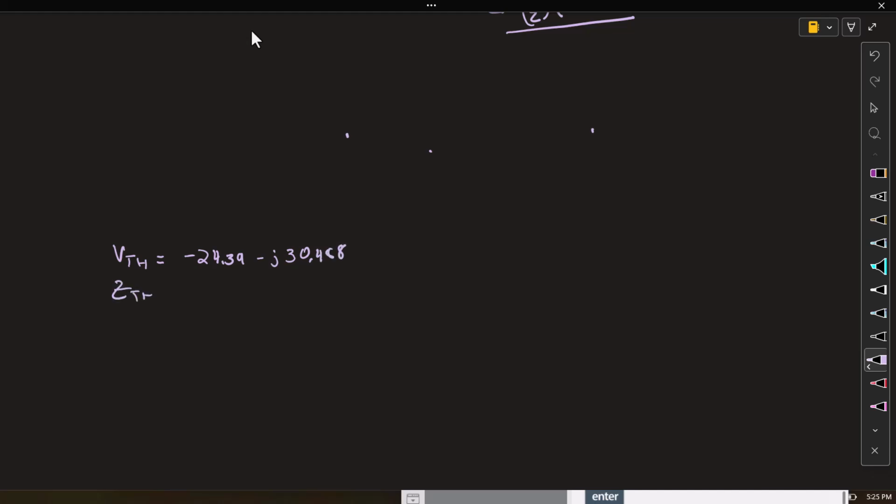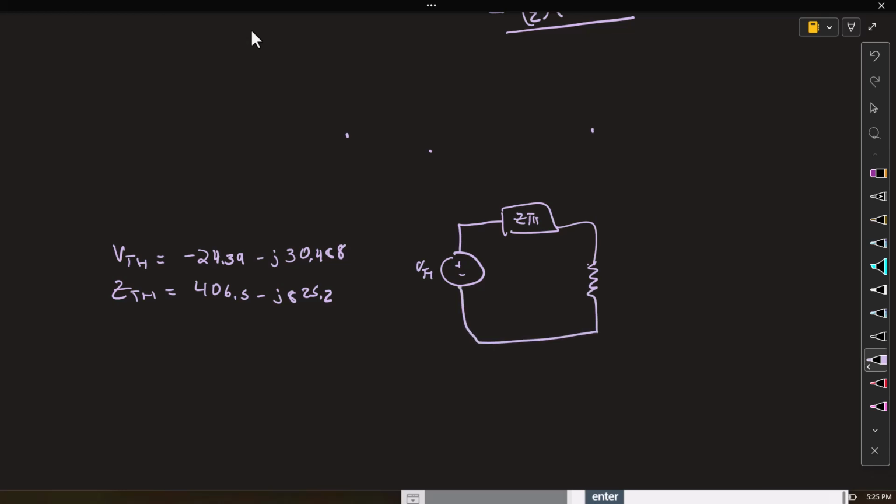We have that Z Thevenin is 406.5 minus J825.2. So we have Z Thevenin, V Thevenin, and we have our load right here.